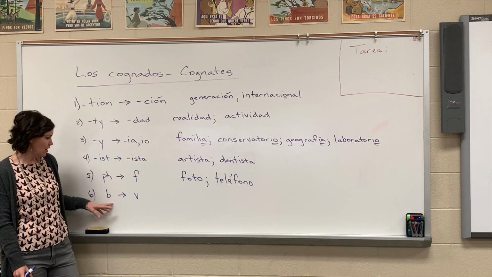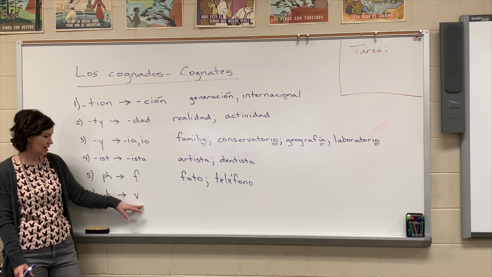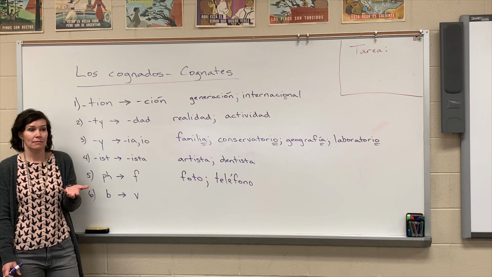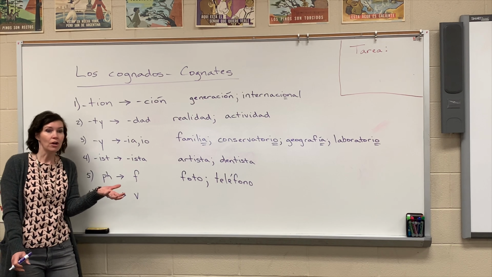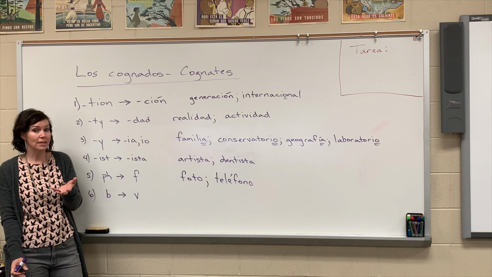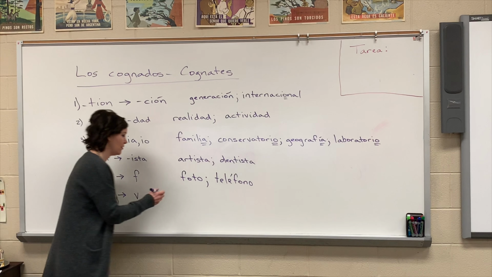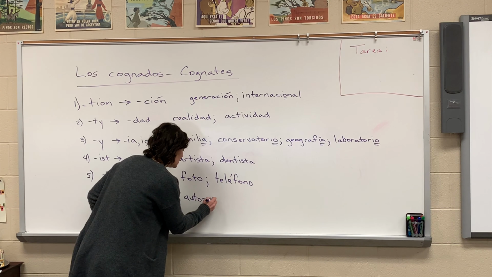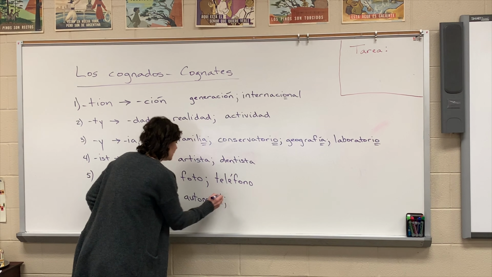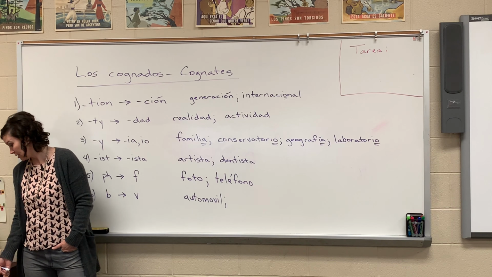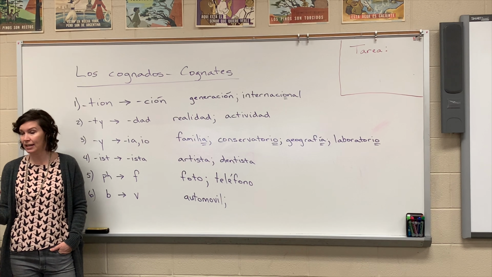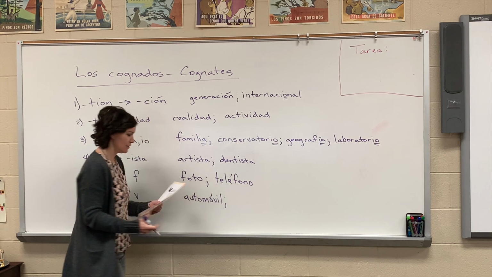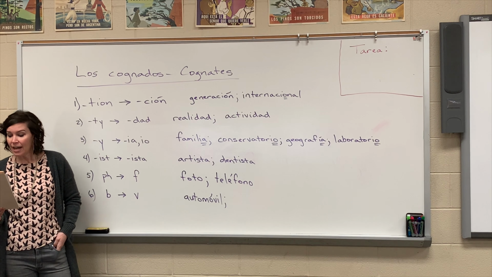Exactly. Okay? So that's a lot of times an easy cognate rule, because it's like, oh, automobile, that's an English word, automobile, but it's a Spanish word, automóvil, with a V instead of a B. All right, so let's write that one down. Automobile. Okay, so that's one that's actually kind of easy.